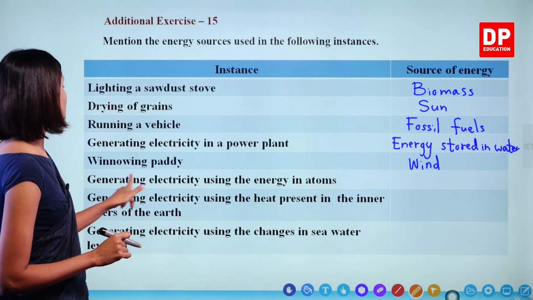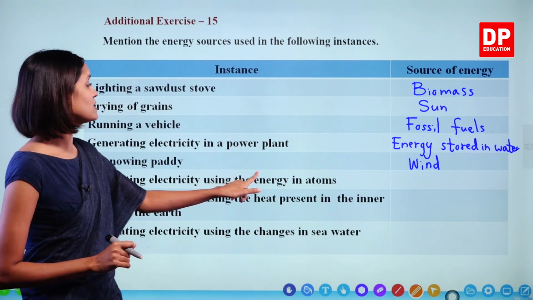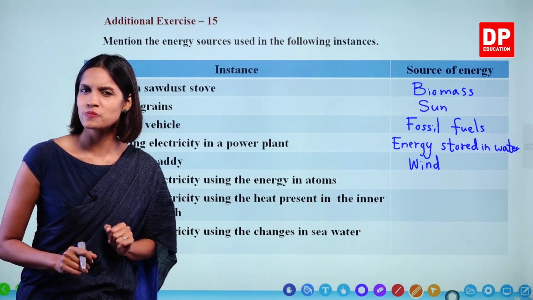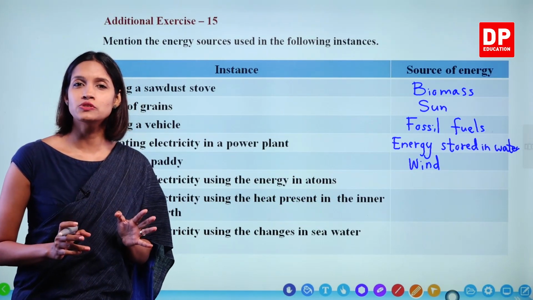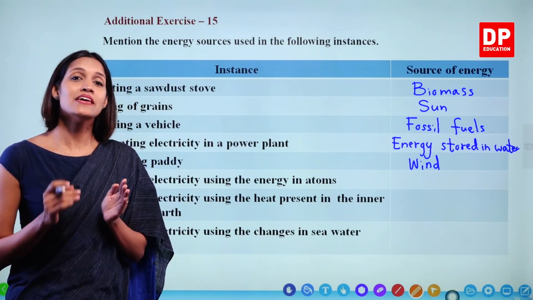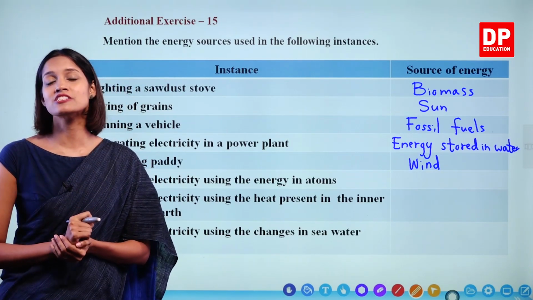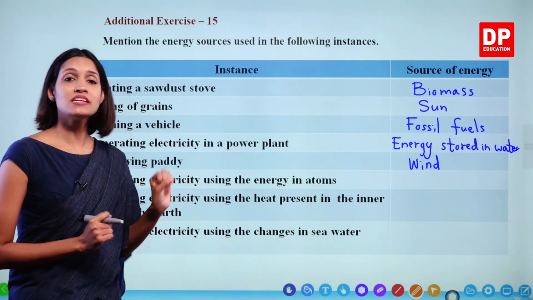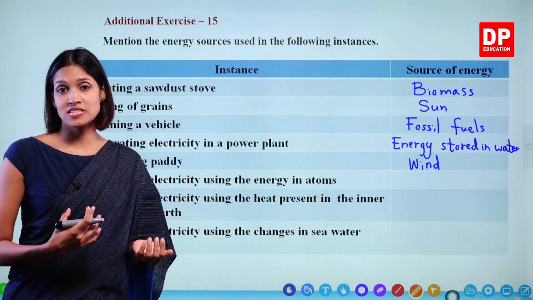Next one, generating electricity using the energy in atoms. What is the meaning of atoms? Do you remember I explained this part? I told you that matter, solids, liquids or gases, are made out of tiny particles called atoms. Some of these atoms behave in different ways.